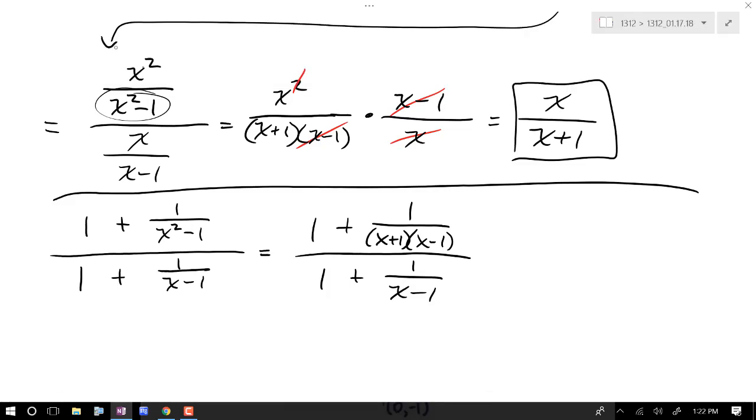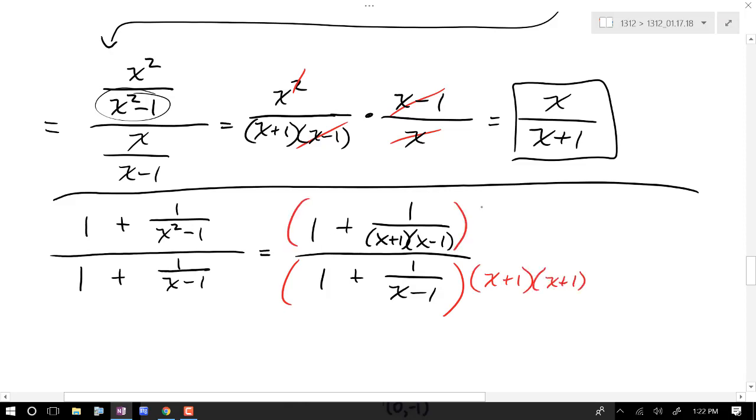And so in this other technique, what we say is, okay, I'm going to multiply the top and the bottom by this LCD. The top and the bottom of the big fraction. Which is a totally legal move, because you're allowed to multiply the top and the bottom of a fraction by the same thing.